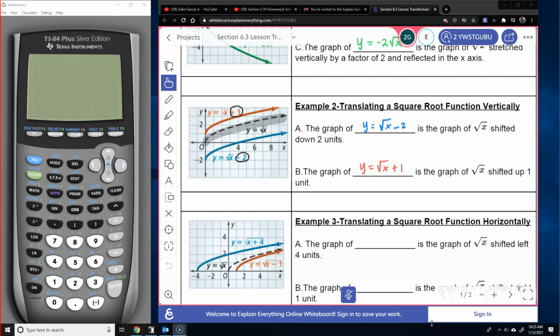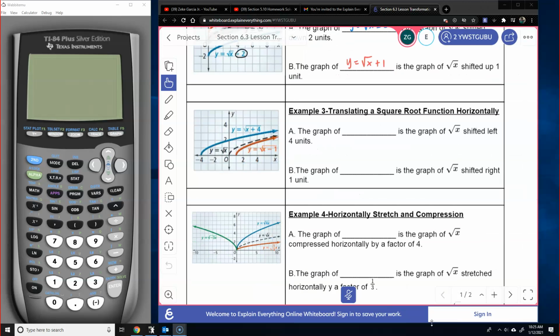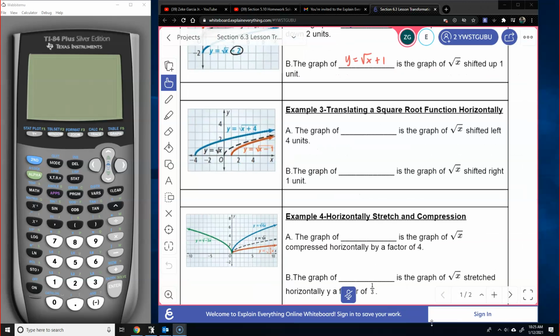The next example, we notice that it's either going to go left or it's going to go right. So we have shifted left, and the other one is shifted right. And remember, we've talked about this in the past. We would think that the one that's going to the right would be positive, but it's actually negative.